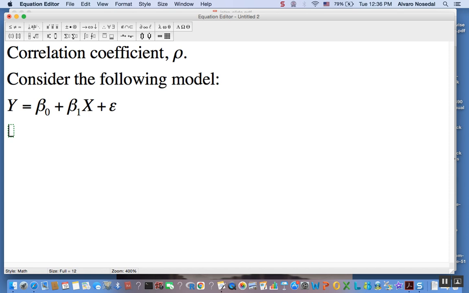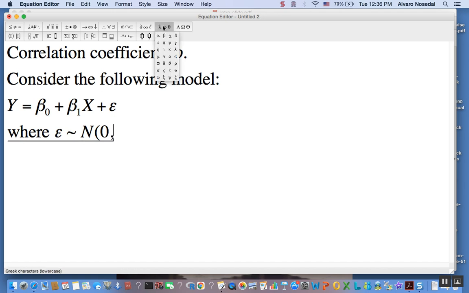Okay, where, and here go the assumptions, where epsilon we assume is a random variable with a normal distribution, mean 0, variance sigma square.